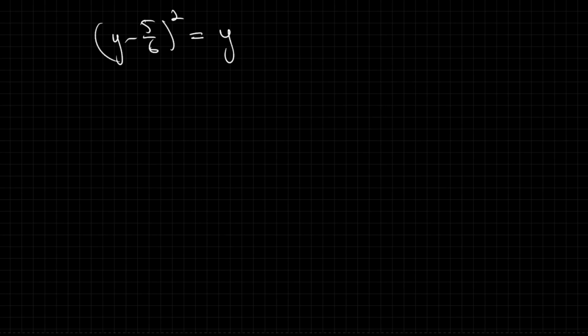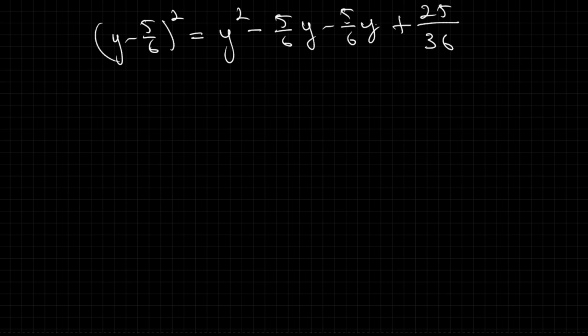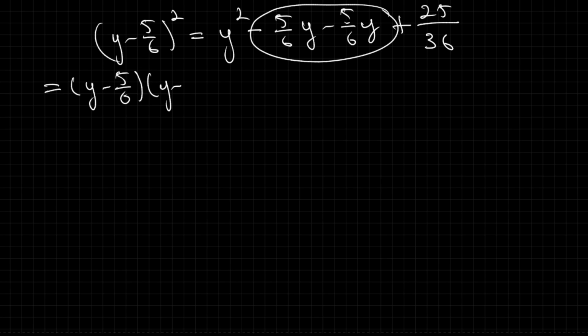That would be y squared minus 5/6 y minus 5/6 y plus 25 over 36. These terms here, of course, being the inside and outside terms when you expand this as y minus 5/6 times y minus 5/6.